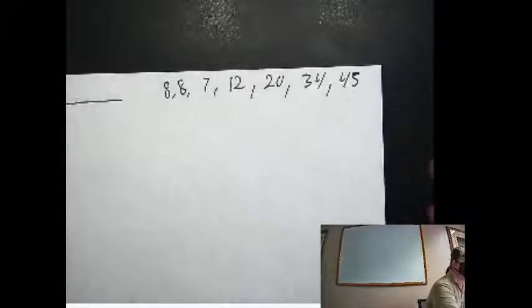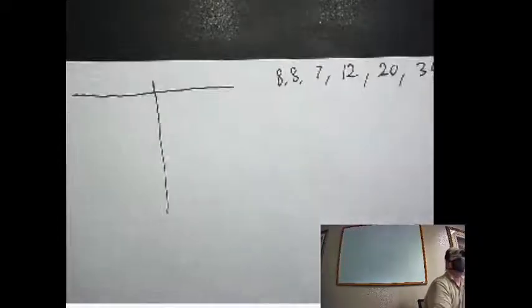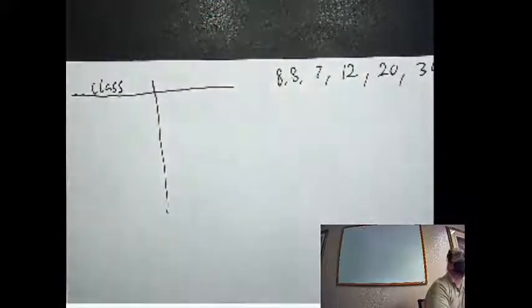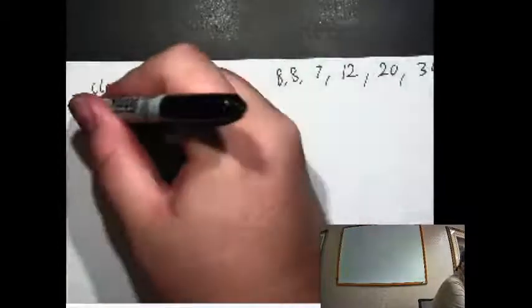Okay? So we again have classes, but these classes get broken up a little bit differently. Instead of being very specific things like red, green, blue, yellow, they're ranges of numbers.